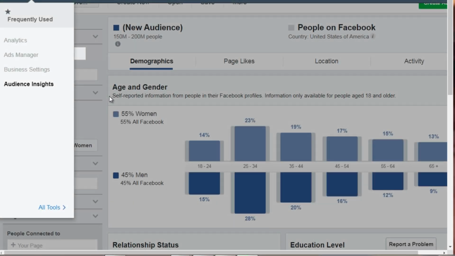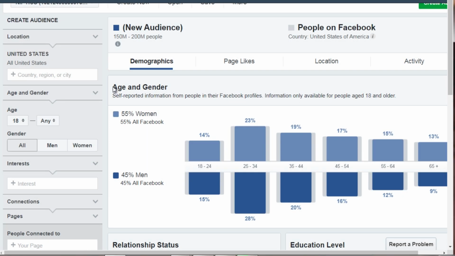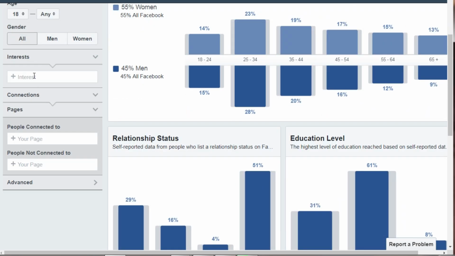Okay, so to get to Facebook Audience Insights, you'll need to go to business.facebook.com. You'll need to log in to your personal Facebook profile, and you'll need to set that up if you haven't. And after that, you'll need to click on the top, go to Audience Insights, and here we are. So what this allows you to do is, like I said, enter a location, an age and gender, specific interests.